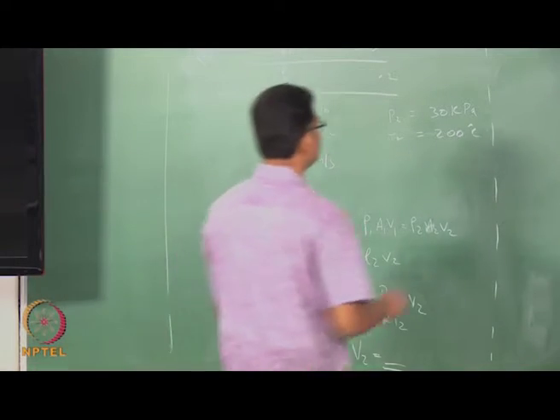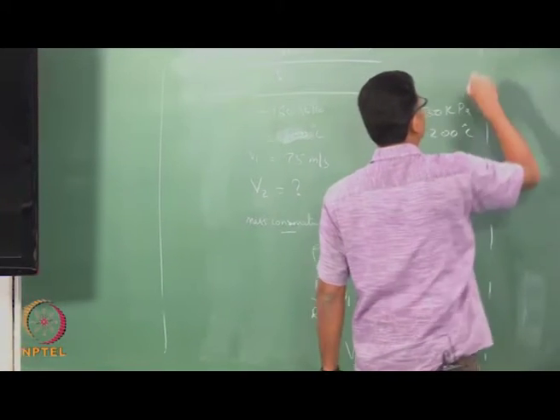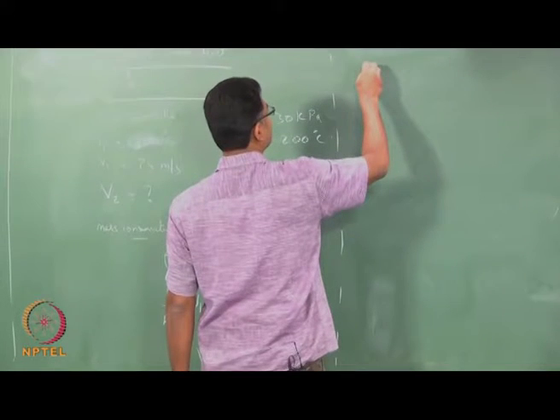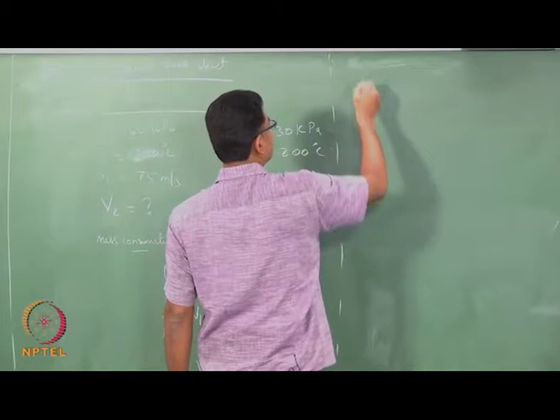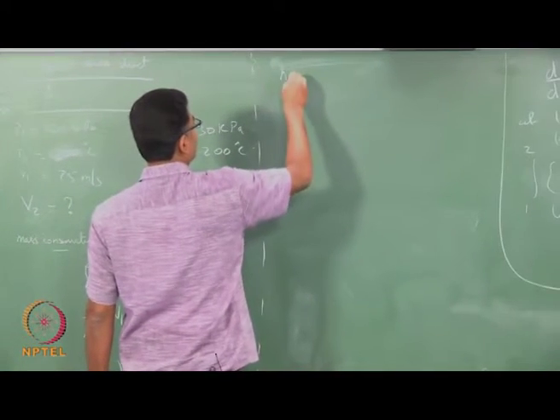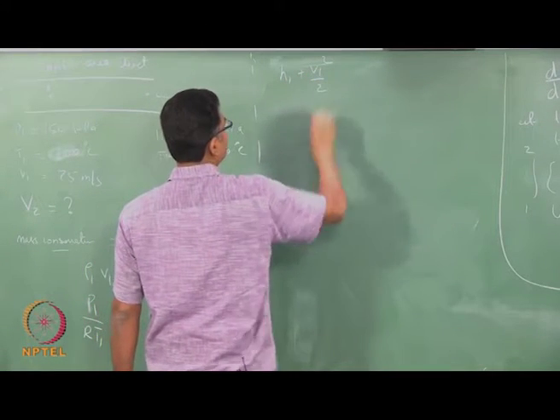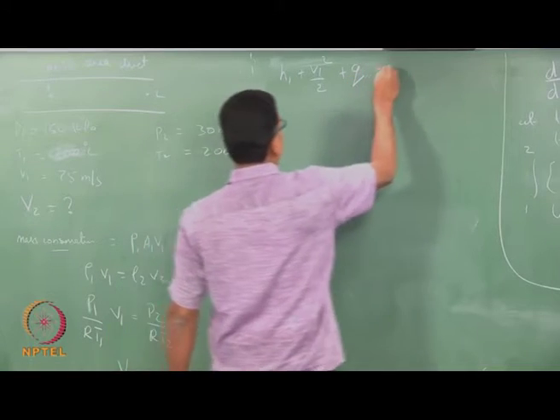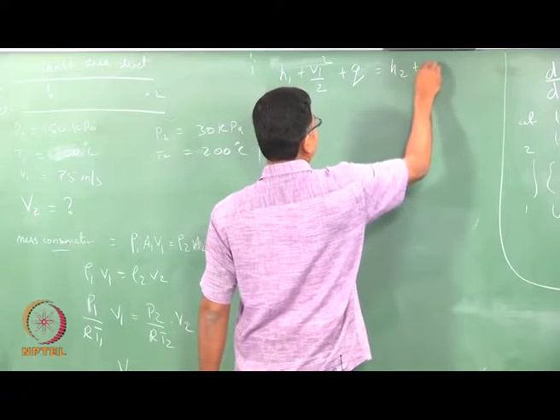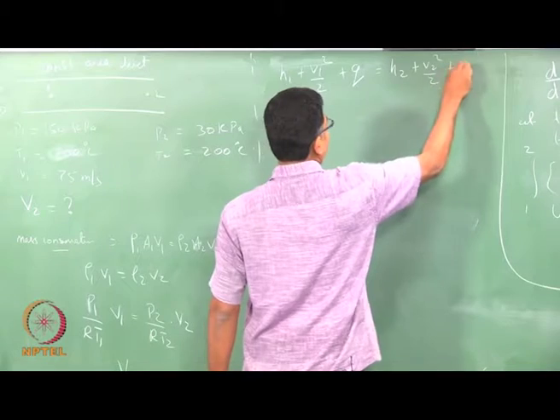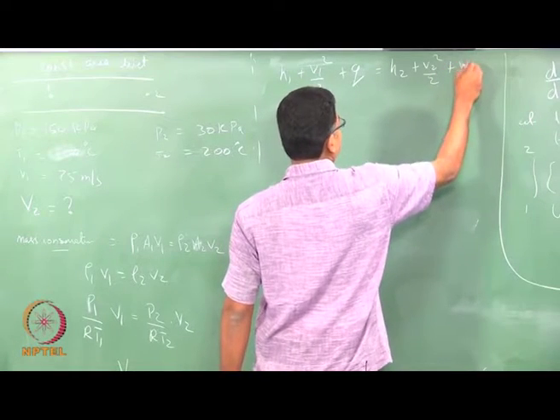Or you could use the energy equation, which gives me H1 plus V1 square by 2 plus Q equals H2 plus V2 square by 2 plus Ws.